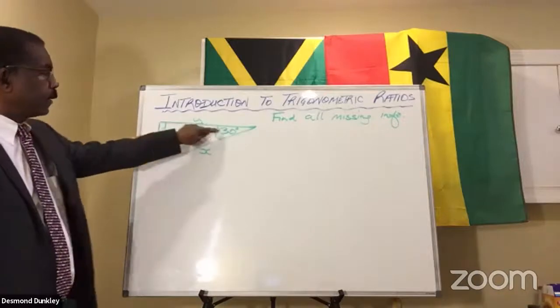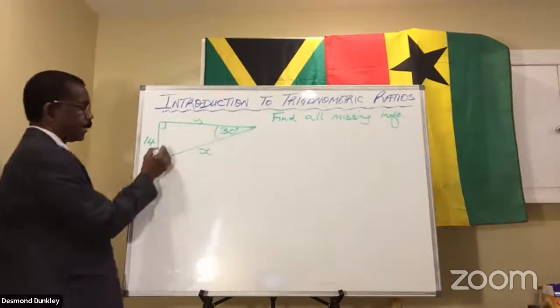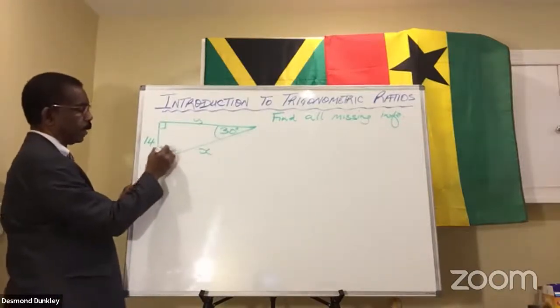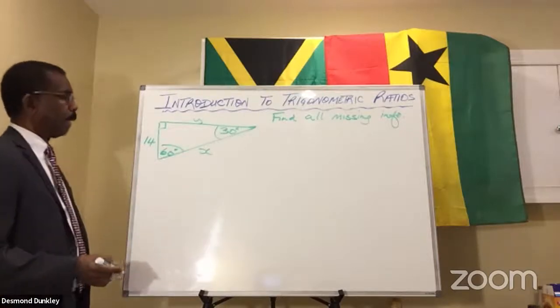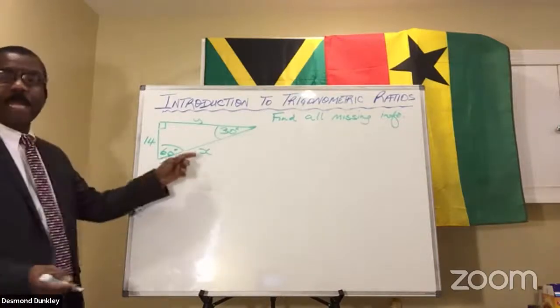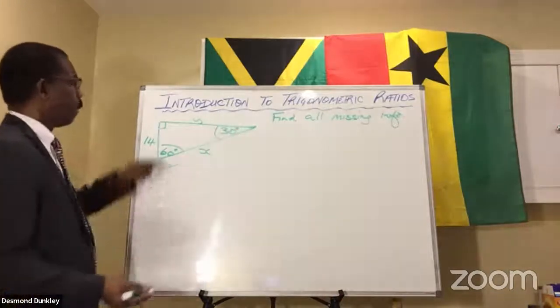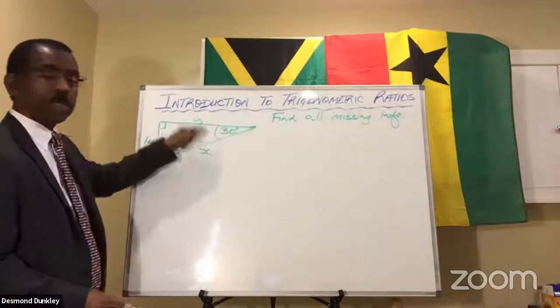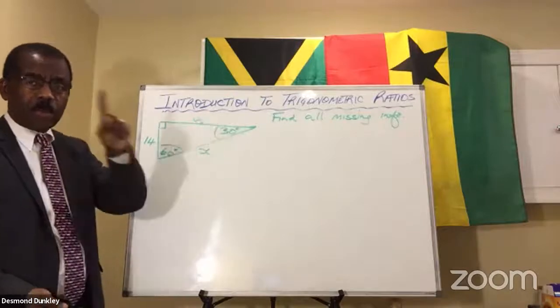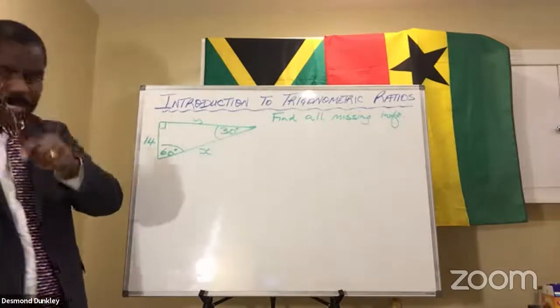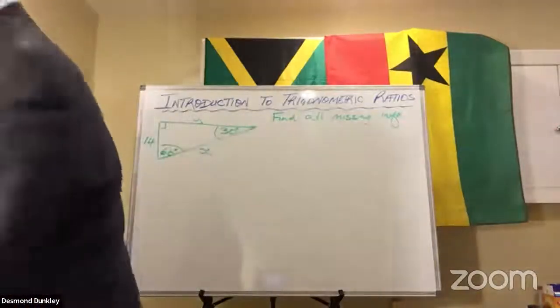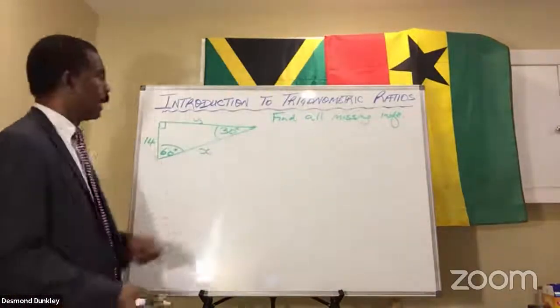This is 90, this is 30. So we know that this has to be 60. Okay? Let's try to find x. This is 30 degrees. We have one side, so we can't use the Pythagorean theorem because we only have one side.